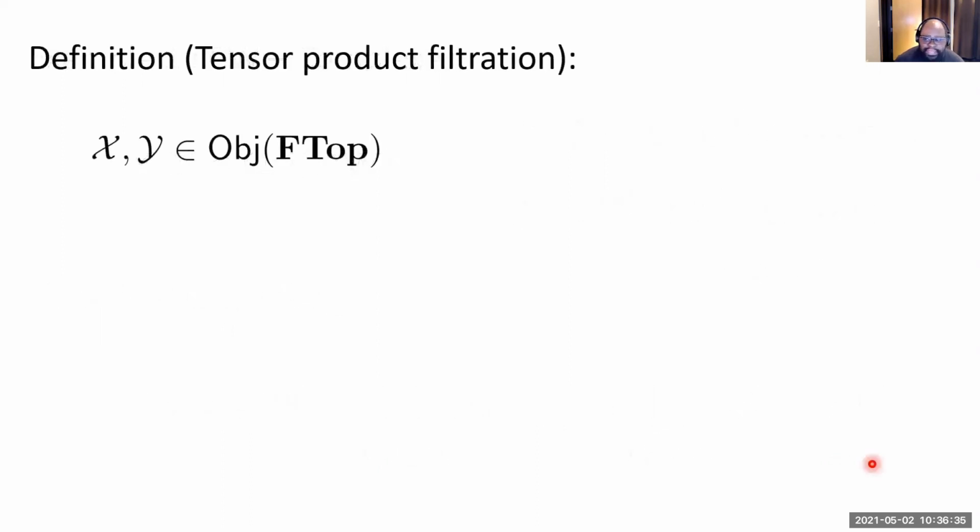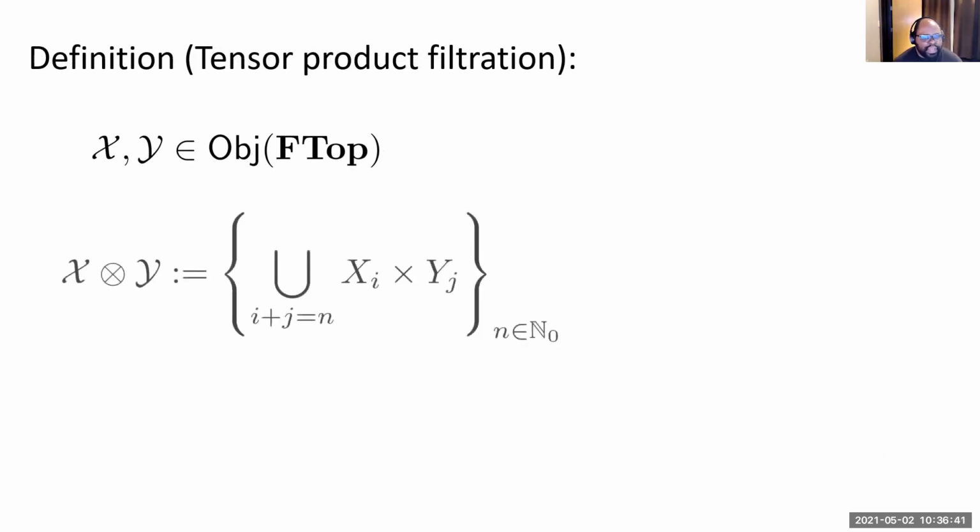And I mean, it is to us. So we're going to use it. We're going to use the motivation of CW complexes to define the tensor product filtration. So what is the tensor product filtration? If you take two objects in the category of filtered topological spaces, X and Y, then their tensor product is the filtration that in degree n has the union of the topological products X_i cross Y_j over i plus j equal to n.